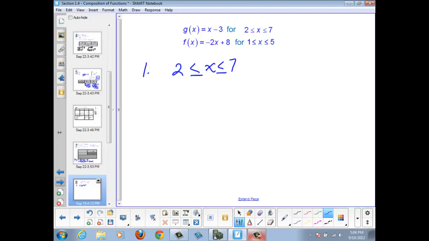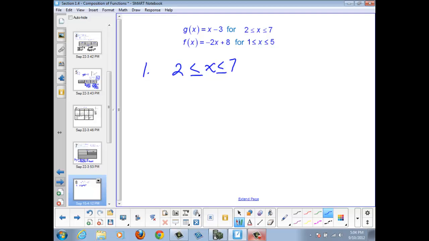Now, the second place where it was possible to break down was the answer we got from evaluating g of x that we tried to plug in to f of x. So our calculation from g of x had to meet the domain restrictions of f of x.